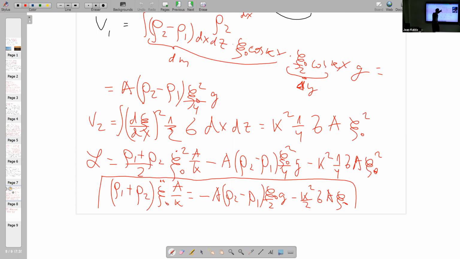Cosine square gives 1/2. Mistake with calculation of energies.